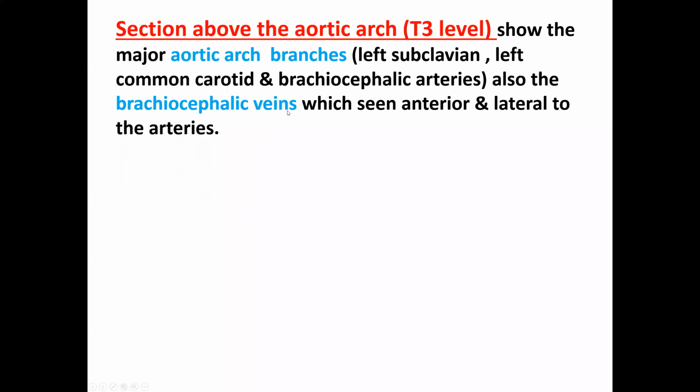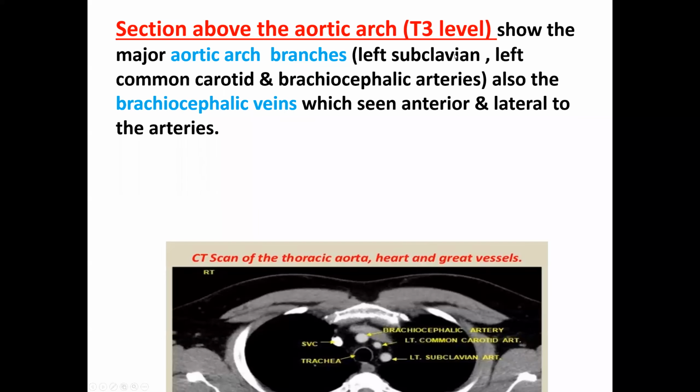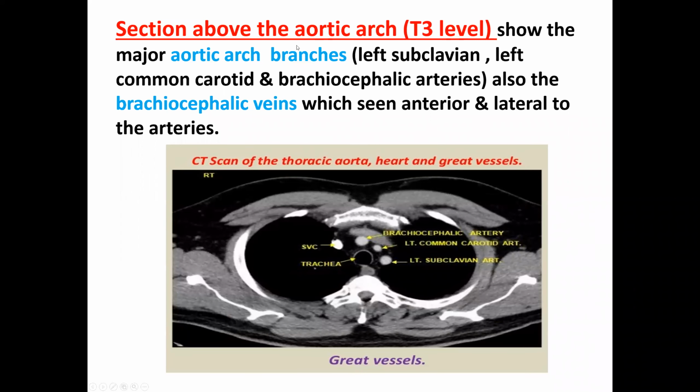From the level T4 of the aortic arch, we go up to the level above it, the level of the branches of the aortic arch, section above the aortic arch, T3 level. It shows the major aortic arch branches: left subclavian, left common carotid and brachiocephalic arteries.